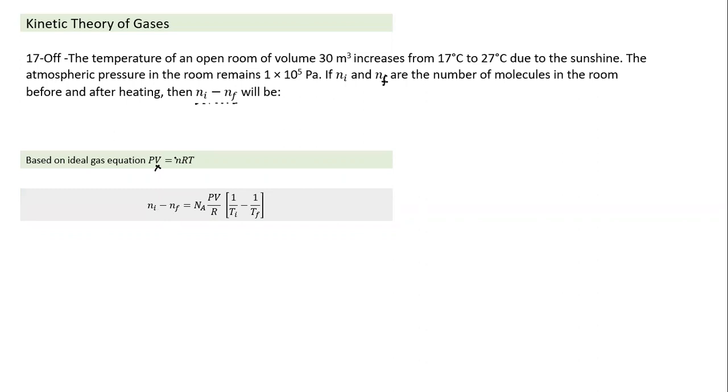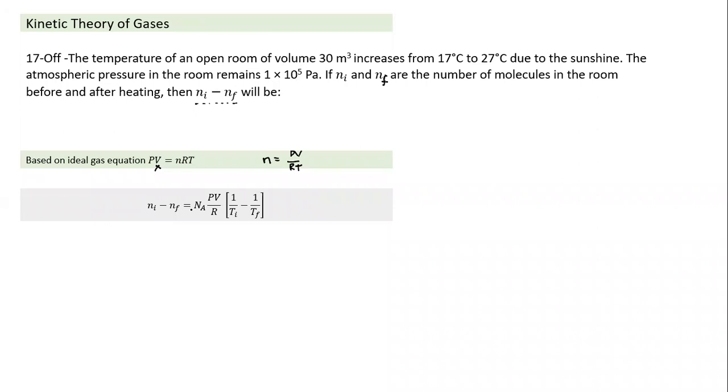I can find out how many moles of gas were initially present. Number of moles of gas is equal to PV by RT. The initial value of volume is given. Temperature is given. Pressure is given. Pressure in the room remains the same. So pressure is common, volume is common, R is common. The only thing changing is T.